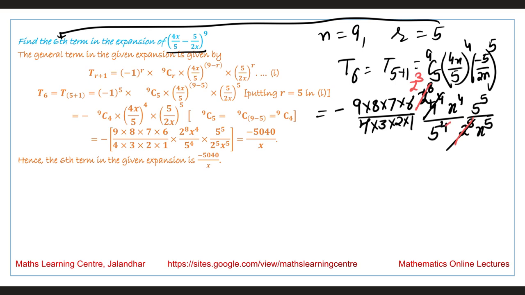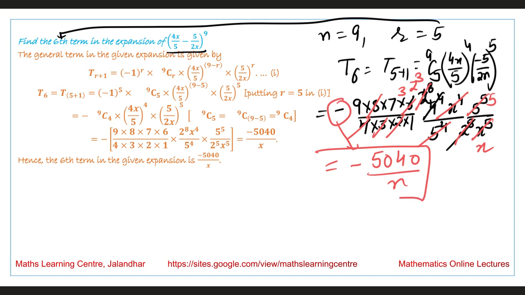This 5 raised to the power 4 and 5 raised to the power 5 get cancelled, we are left with 5. This x raised to the power 4 and x raised to the power 5 are cancelled, we are left with x. And on multiplying these terms, the final answer we will obtain, this minus sign is already there, so it is minus 5040 by x. So this is the sixth term in this expansion.